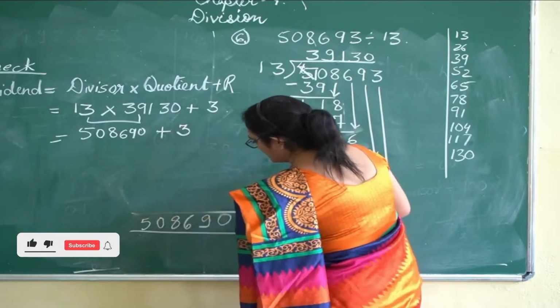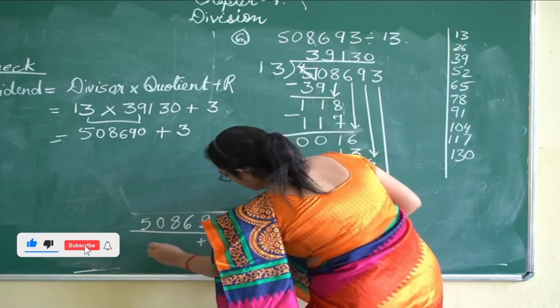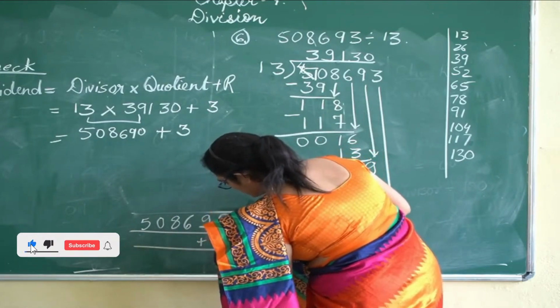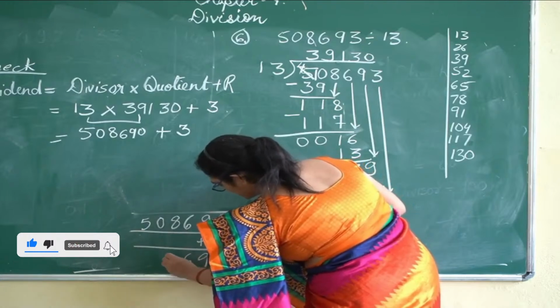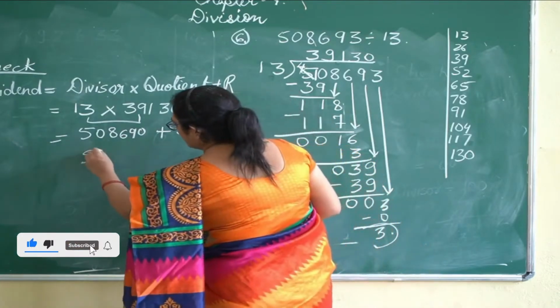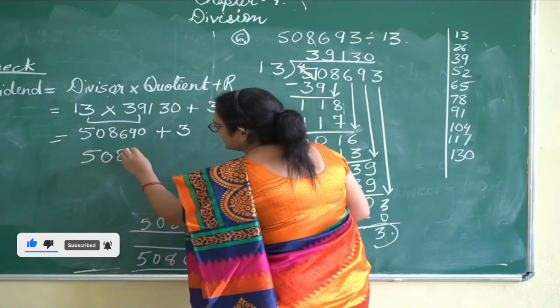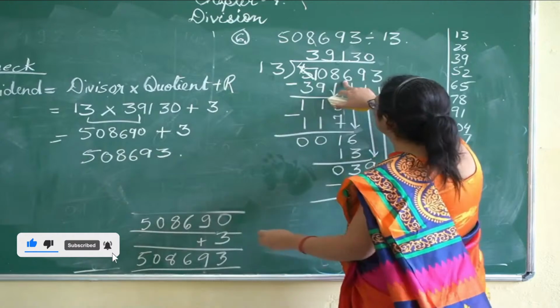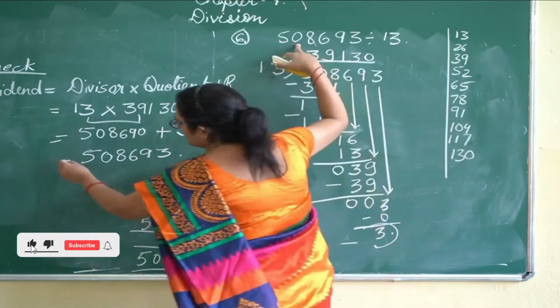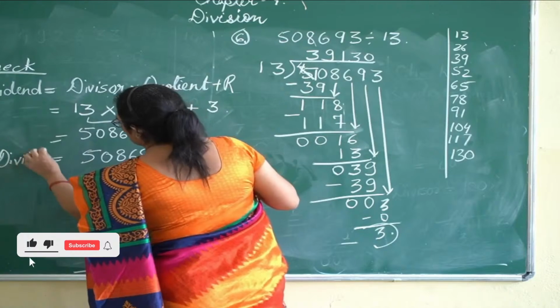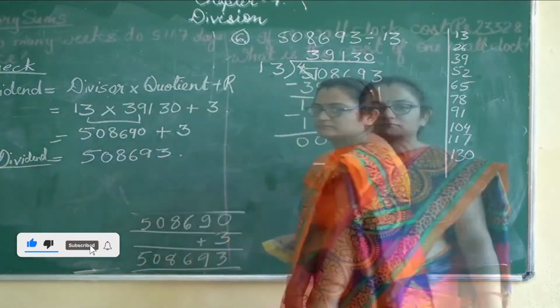Now we will add this plus 3. 0 plus 3 is 3, 9, 6, 8, 0, 5. 5 lakh 8,693. What is the dividend? Same, 5 lakh 8,693. We have done the division, and this is checked.